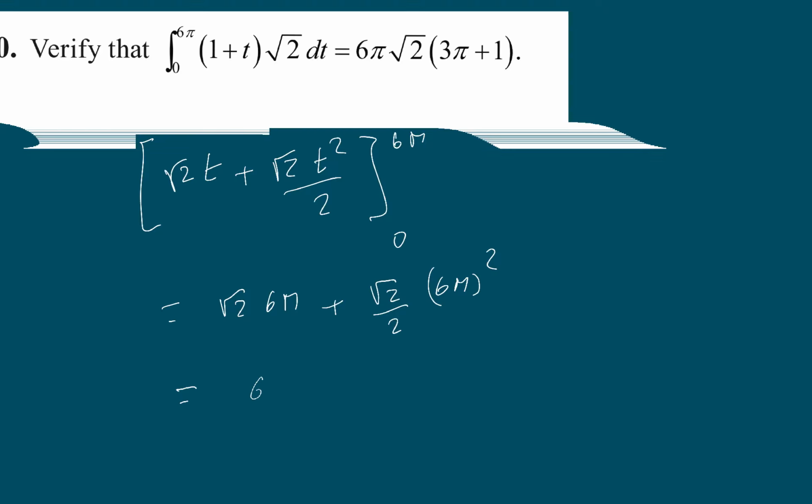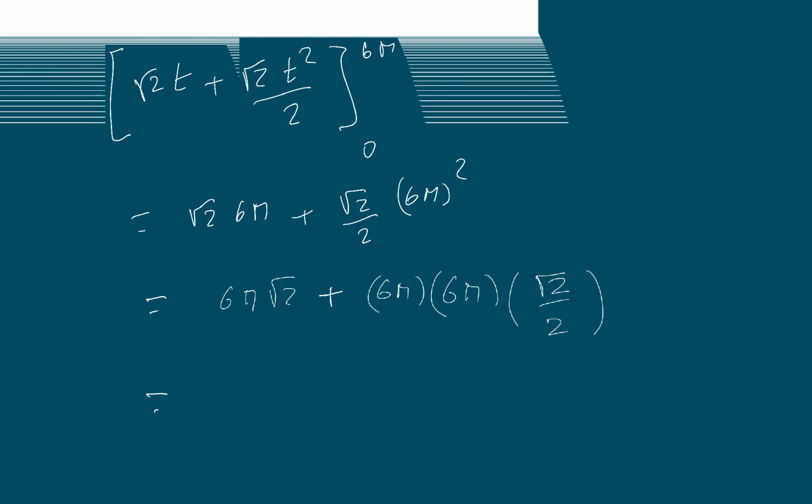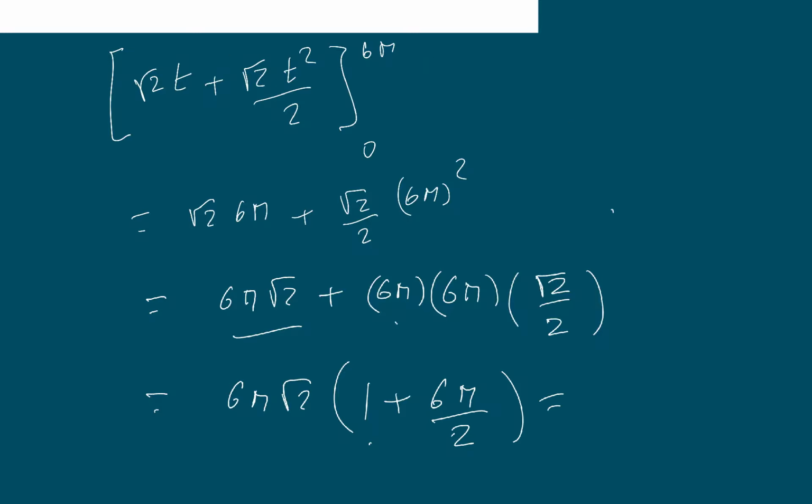It will be 6 pi square root of 2 plus 6 pi multiplied by 6 pi multiplied by square root of 2 divided by 2. So the common factors here are 6 pi and square root of 2, that multiply 1 plus 6 pi divided by 2, and I will obtain the second term.